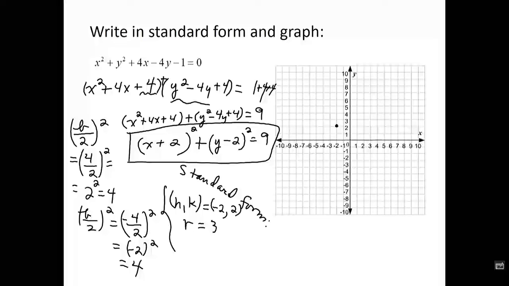So this is our center. The circle has a radius of 3. So our circle is going to, so this is a quick sketch of the circle with these features.